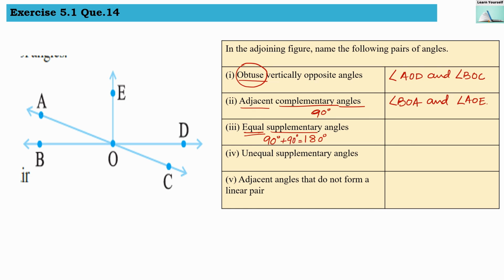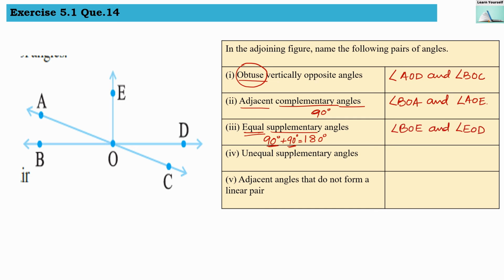So we have to find a pair of two supplementary angles which are of measure 90 degree. So here if we see this angle, that is angle BOE, and another angle is angle EOD. So these two are supplementary as well as their measure is 90 degree. That means they both are equal and supplementary.